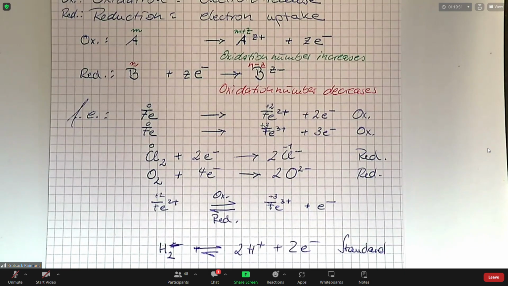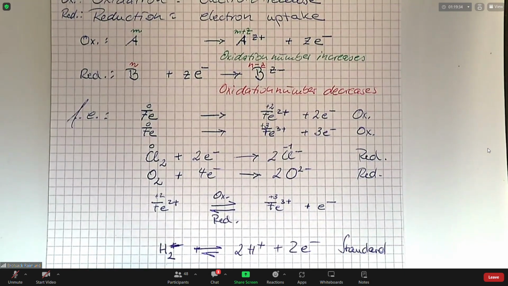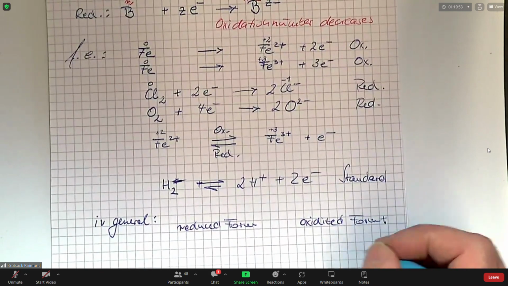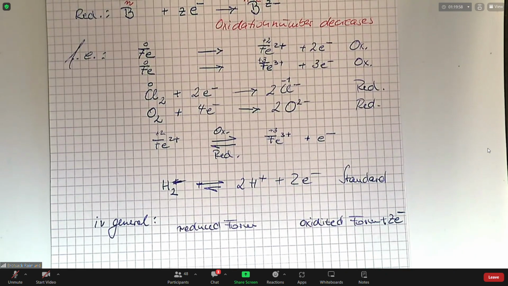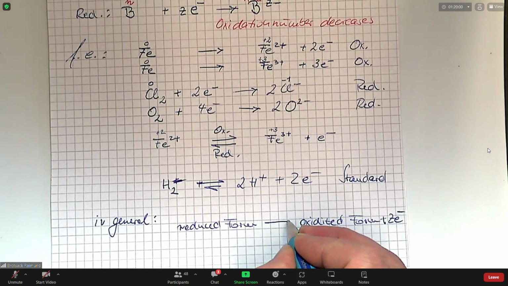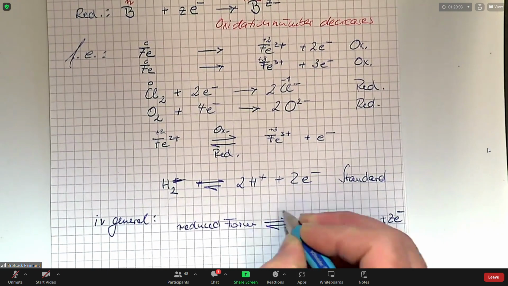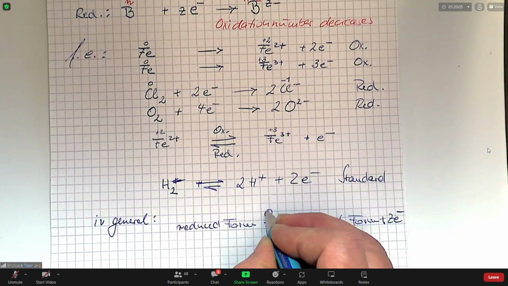So in general, we have a reduced form and we have an oxidized form plus z electrons. And these are in balance. The reduced form will be oxidized.